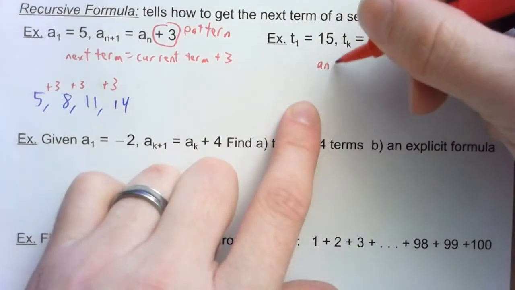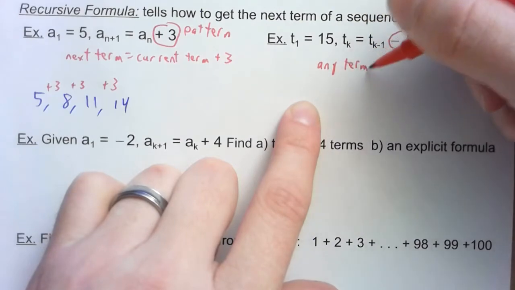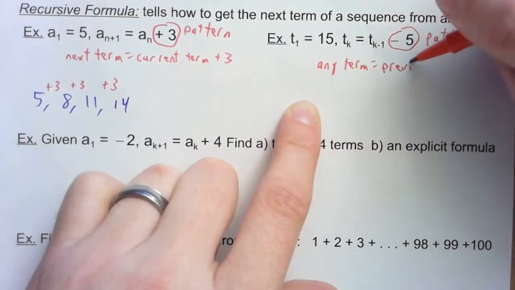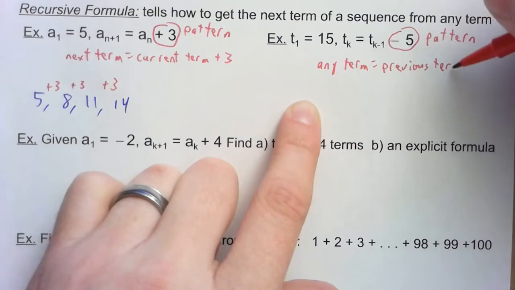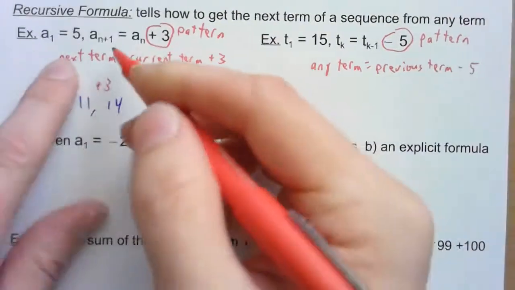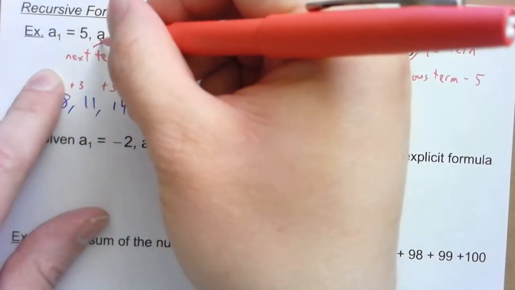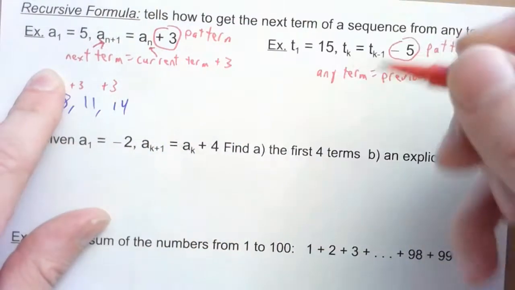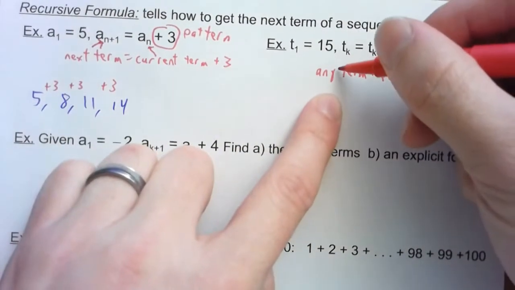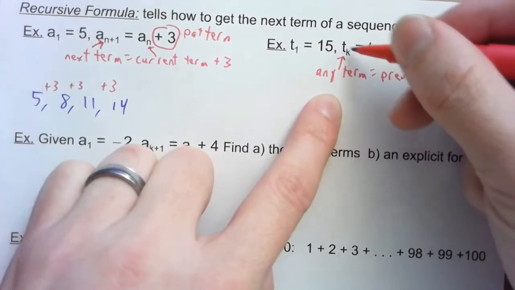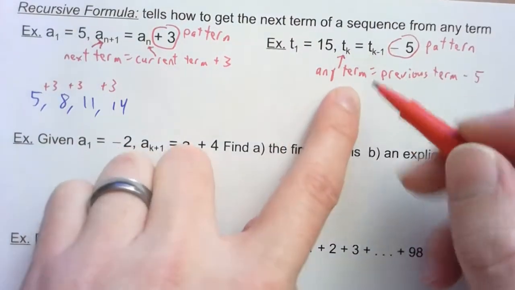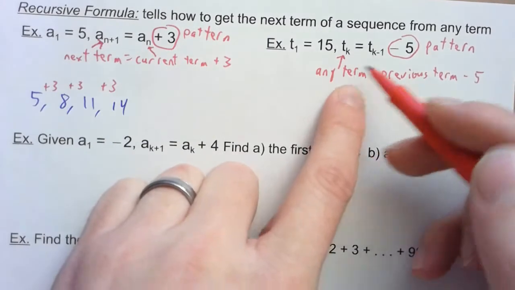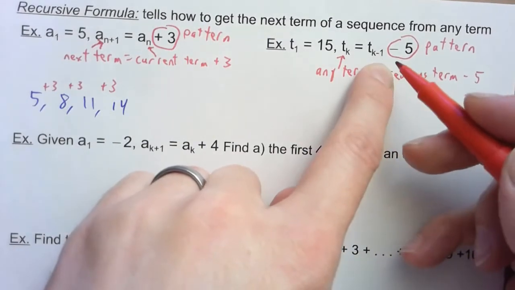All right. Any term equals the previous term minus 5. This one had a +1 in it, so you can think about it like the next term. And then a sub n was the current term. Here we've got t sub k, we'll just call that any term, a sub n, t sub k, whatever it is, any term, a general term, and then t sub k minus 1.